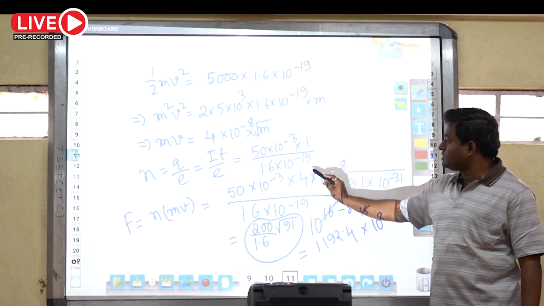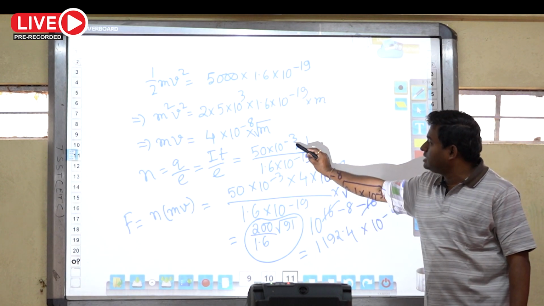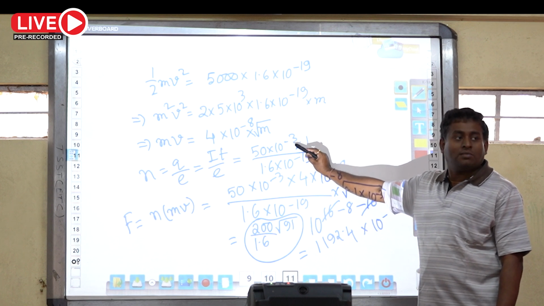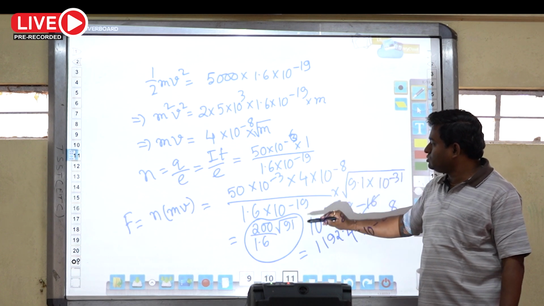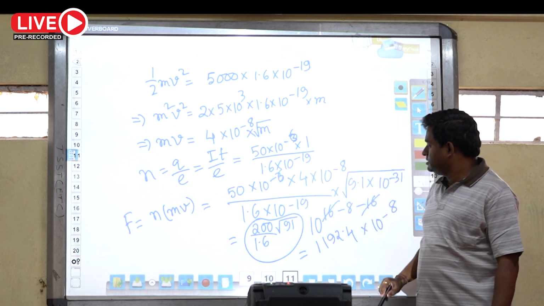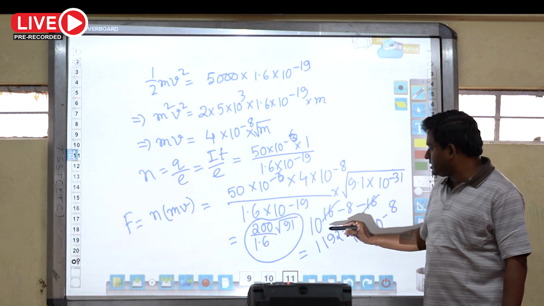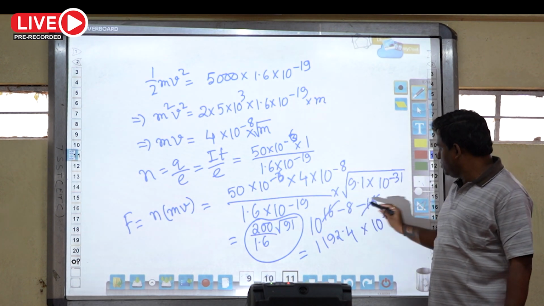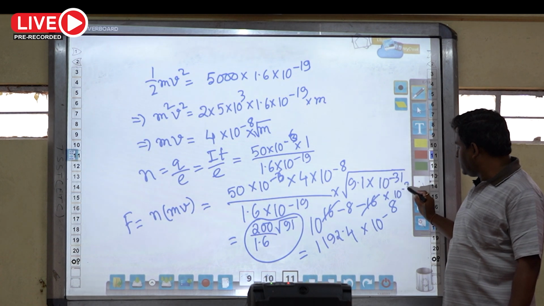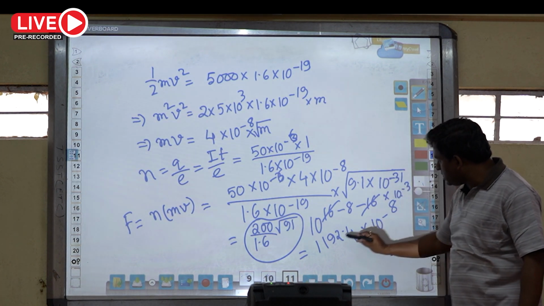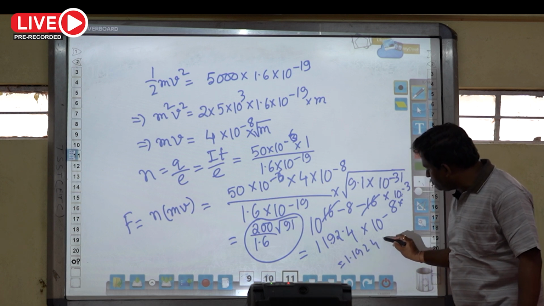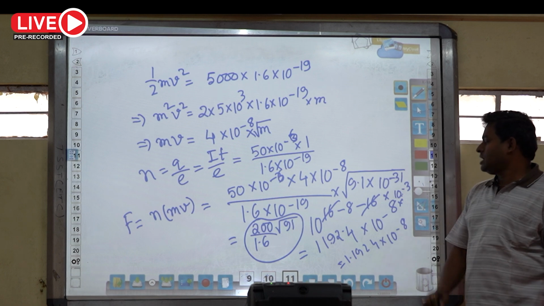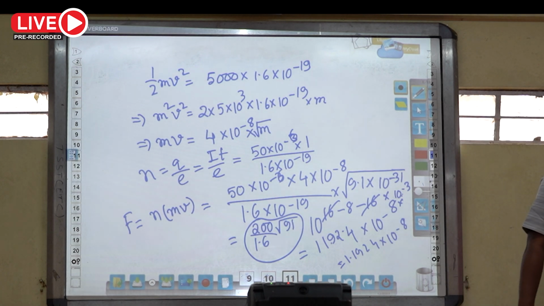If the current is of the order of microampere, there will be an additional 10 to the power minus 3. Then it will become 6. As soon as it becomes 6, another factor will come, and this one will be another 10 to the power minus 3. Then it will be 1.1924 into 10 to the power minus 8. Otherwise it will become 10 to the power minus 5.